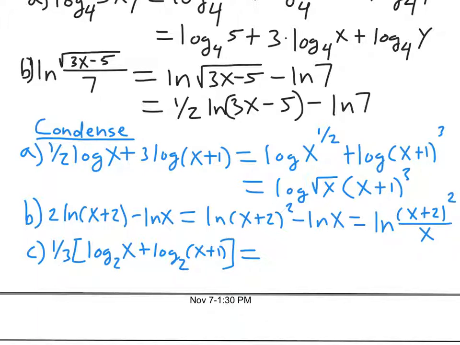The 1/3 I'm feeling like is going to come inside as an exponent eventually, but I got to start inside. And I've got these two logs that I can bring together. They're being added, so my first property says I could do 1 log of x times x plus 1.